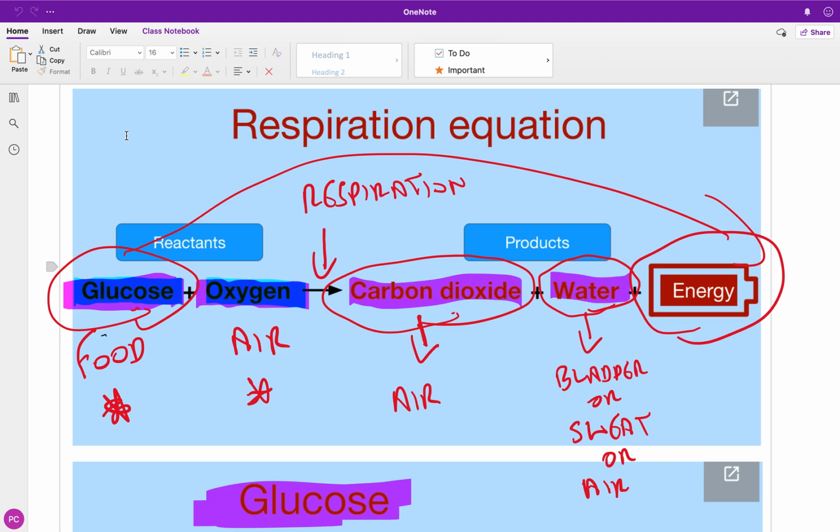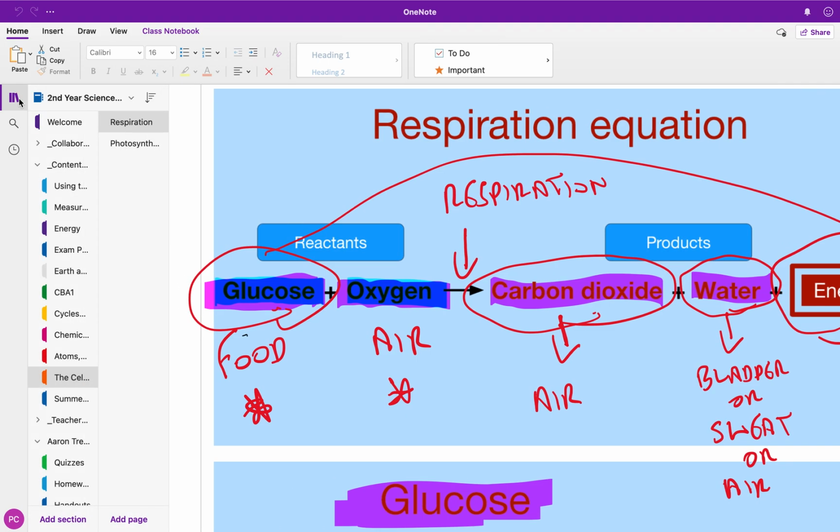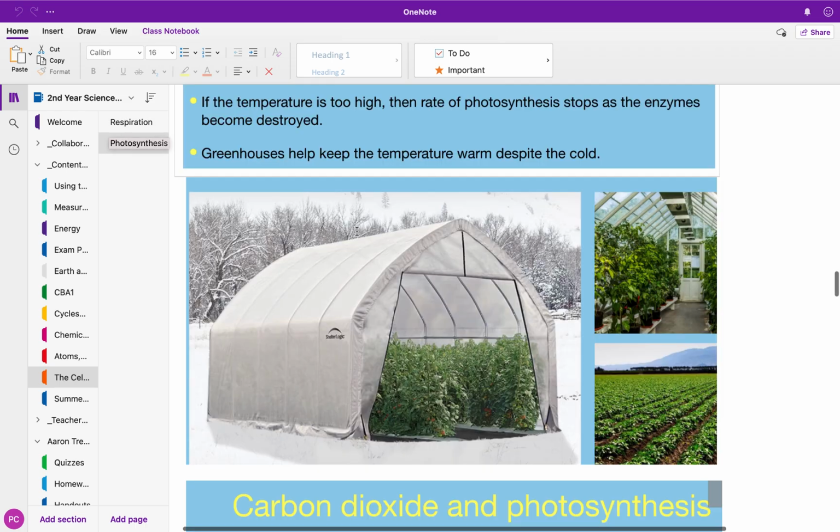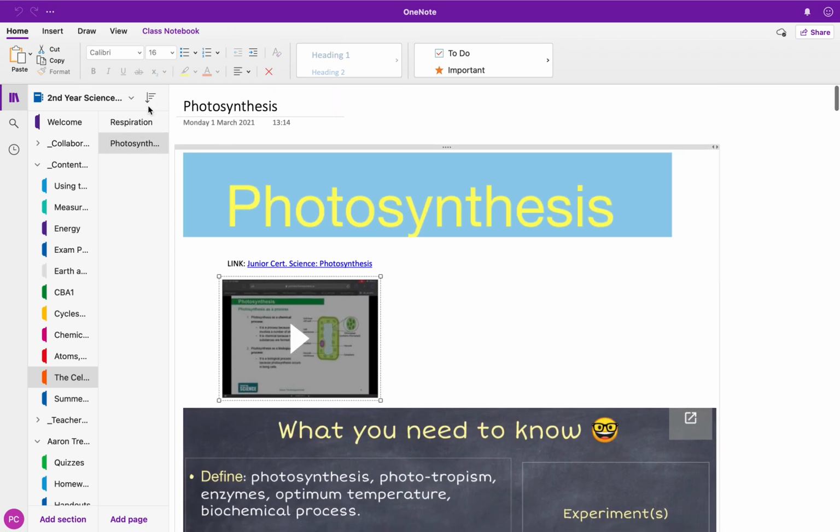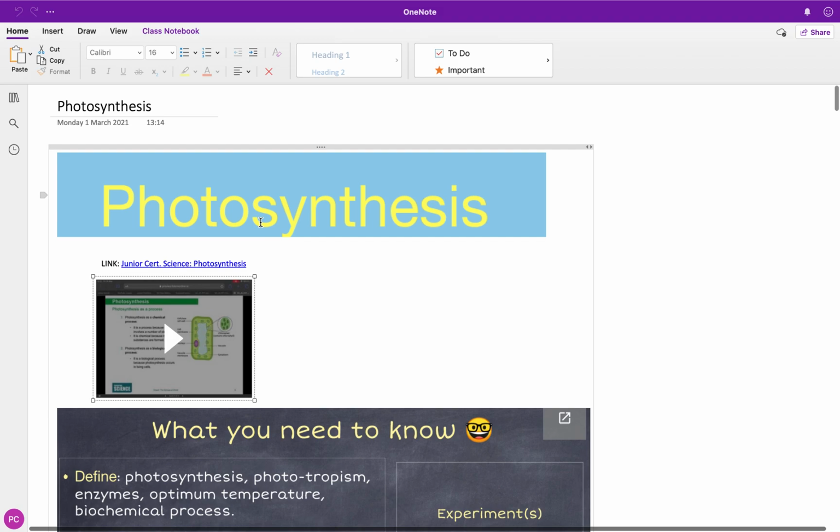And I'm reminding you of that because of the other half of this topic that we're going to now, which is photosynthesis, which is this one here, okay? So this is our topic for this week. And when we finish photosynthesis, we look at the exam questions from respiration and photosynthesis together, because they're both under the heading of, what's it called again?